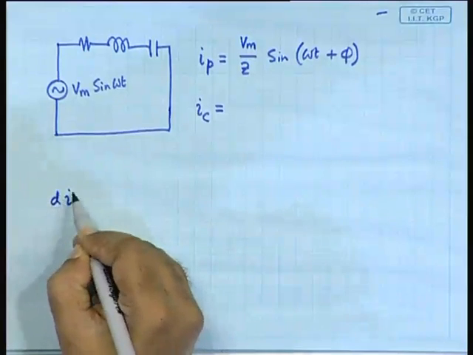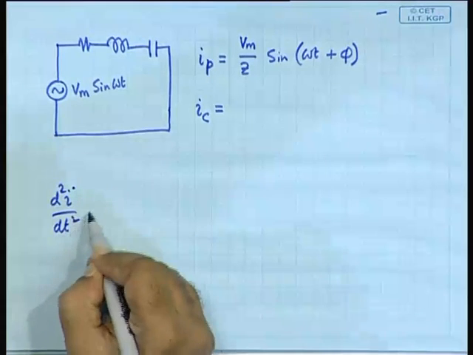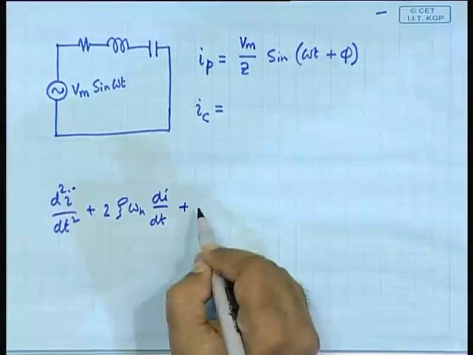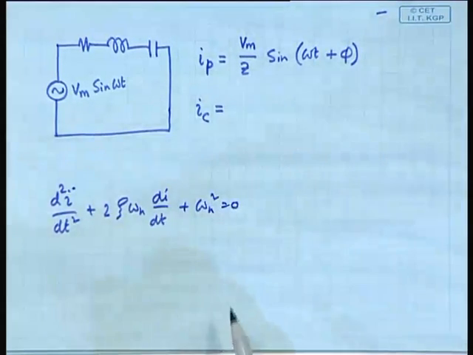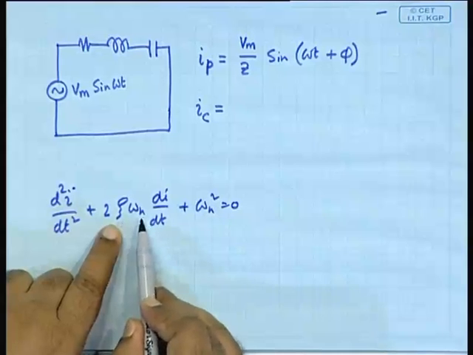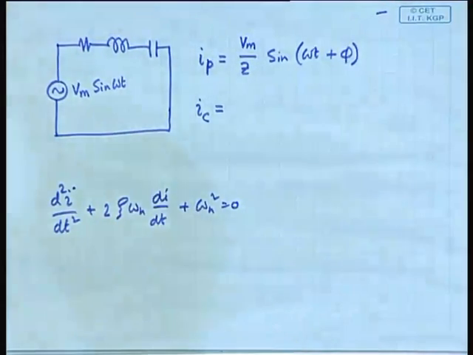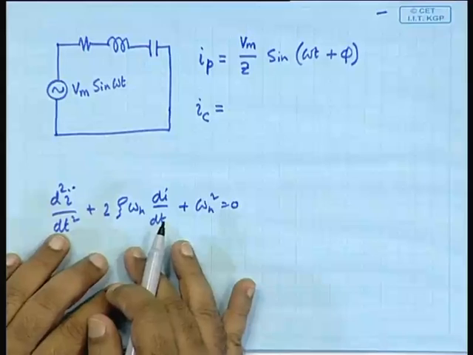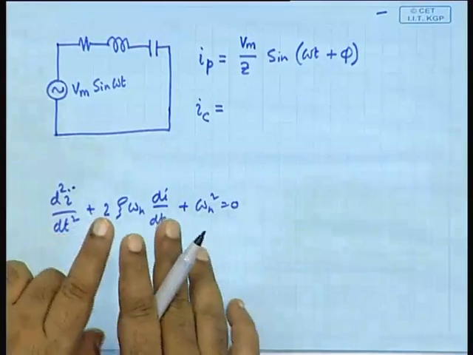The eigenvalues, or if you write it in the form of the homogeneous but second order equation, then you have to express it in the form of twice zeta omega n, and then depending on these magnitudes you will have either an oscillatory solution or a non oscillatory solution.